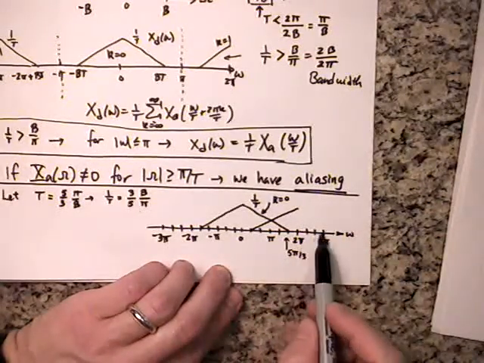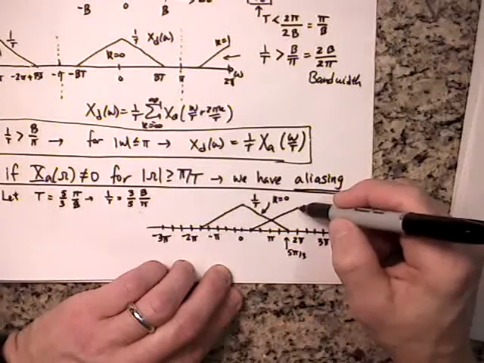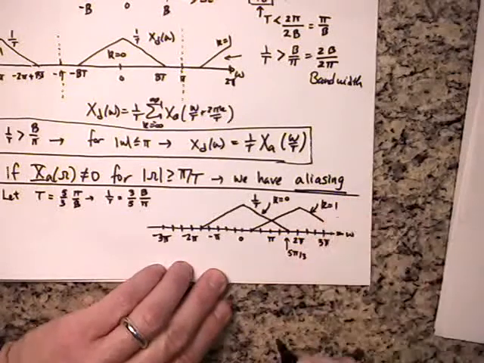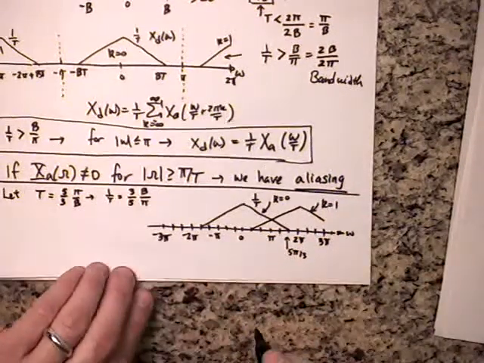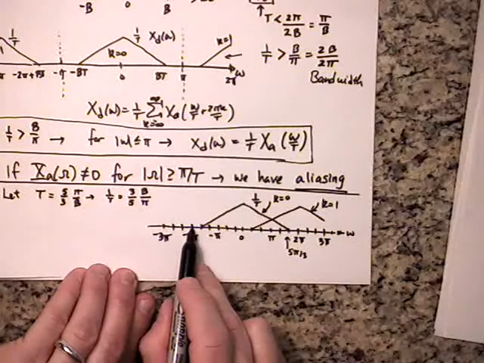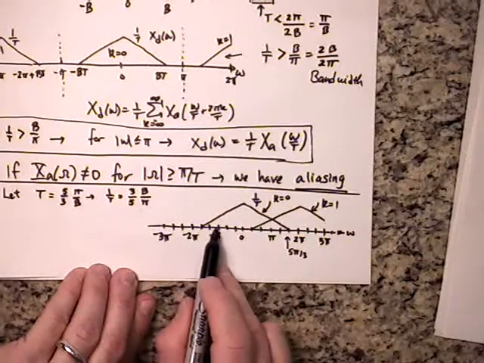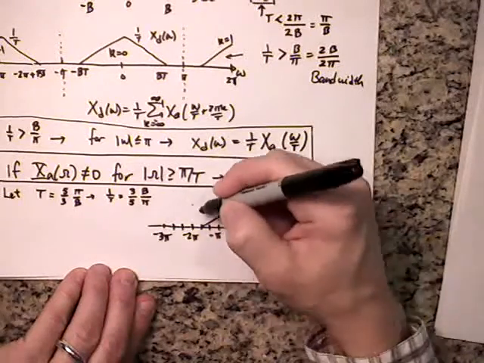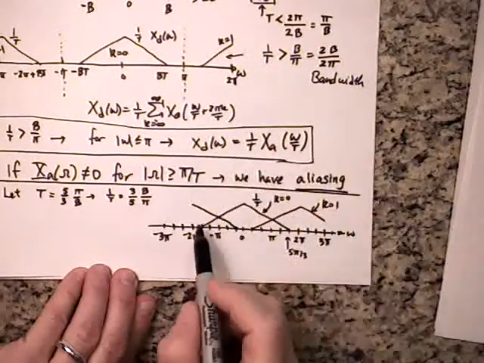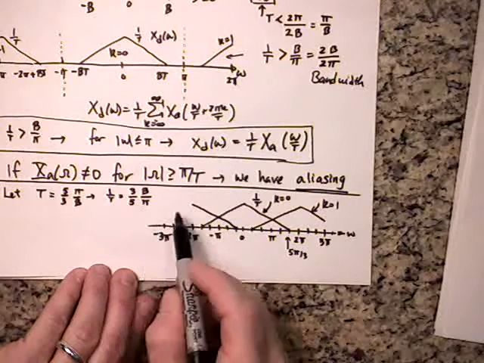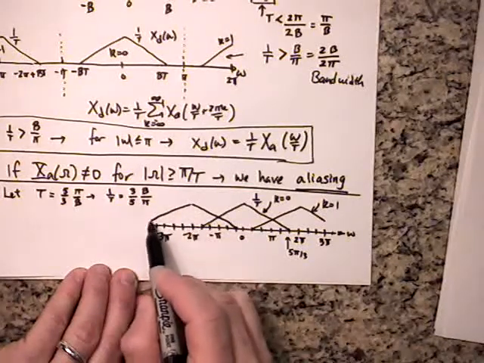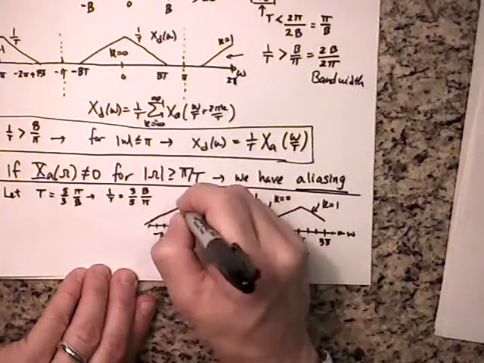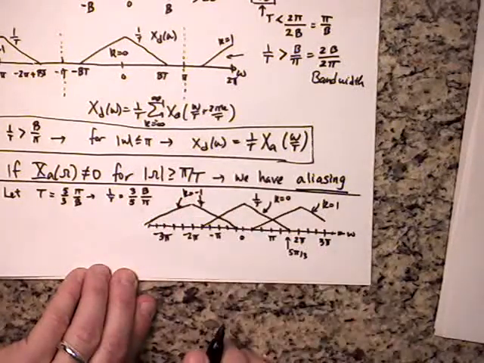This is the k equals 1 term. The k equals minus 1 term is centered at minus 2 pi and extends forward 1, 2, 3, 4, 5 pi over 3, and goes backward 1, 2, 3, 4, 5 pi over 3. This is the k equals minus 1 term.